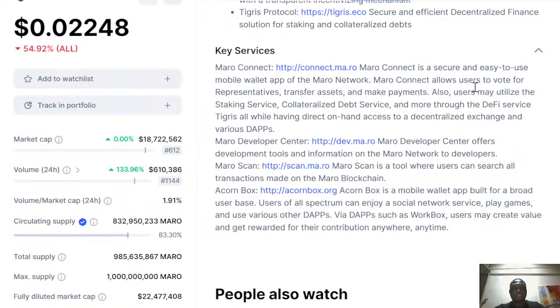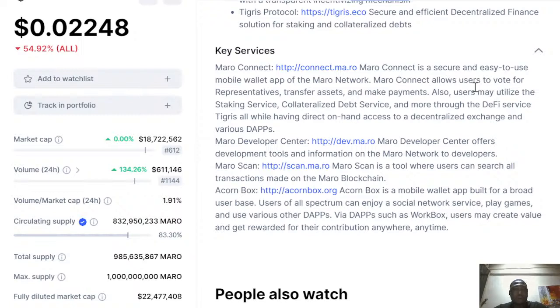The micro allows users to connect, vote for their representative, transfer assets, and make payments. Users may also utilize staking services and collaborate debt services through DeFi, while having direct access to a decentralized exchange on various dApps and others.